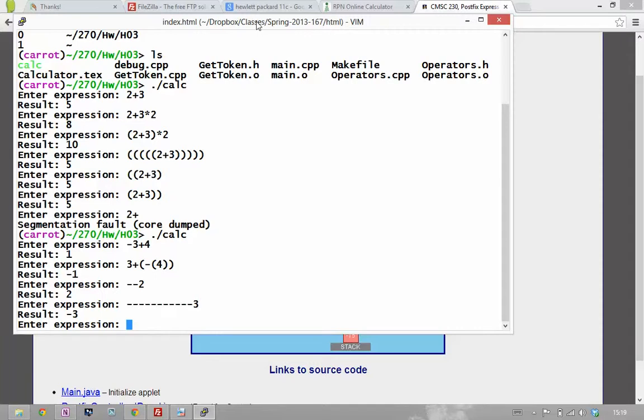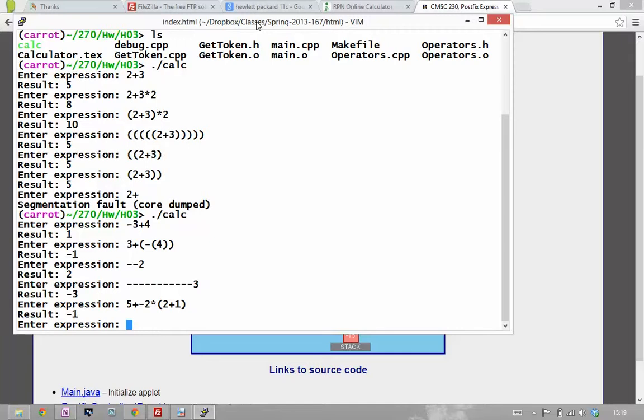If you're doing like 5 plus -2 times 2 plus 1. That one? Oh, I guess you could just do 5 minus. Will that, in the general case, be the same? This is interesting.